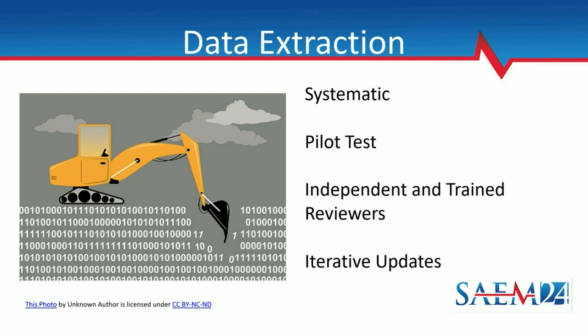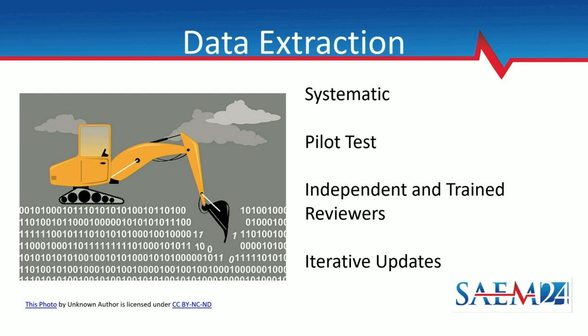And then as far as data extraction, it needs to be systematic as well, again under the umbrella of systematic review. You want to do the same thing with your record selection that you do with your data extraction, which is to pilot test your form of what data you're going to abstract, and have independent trained reviewers in a dual blinded process.